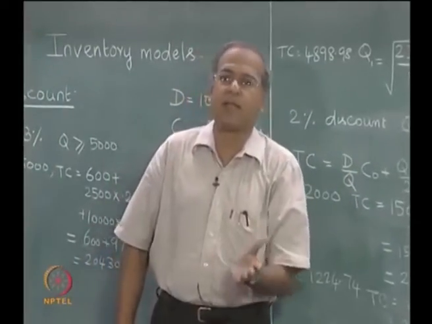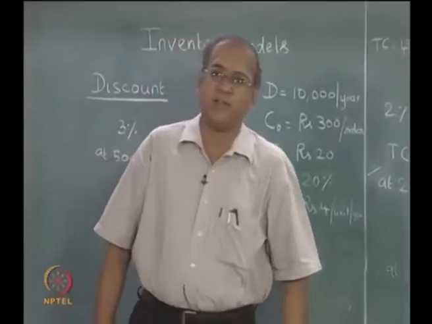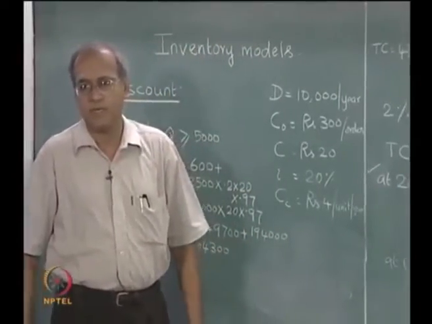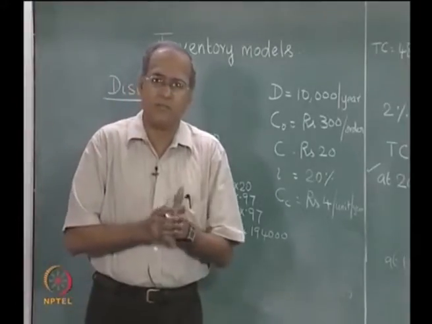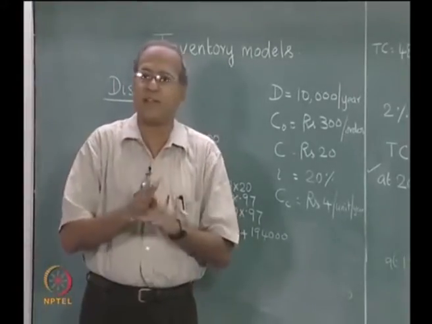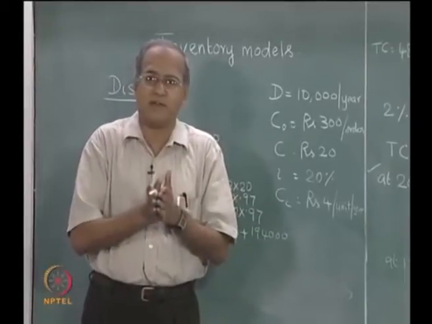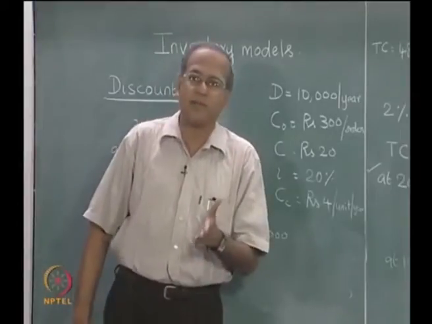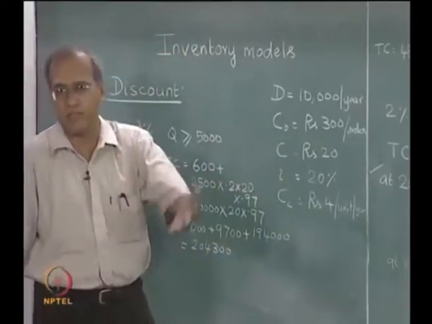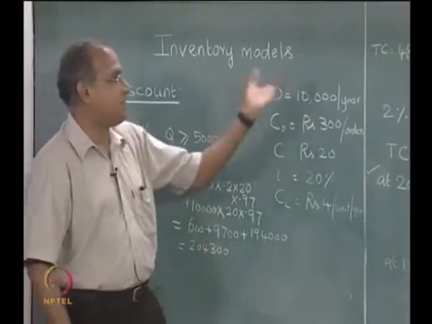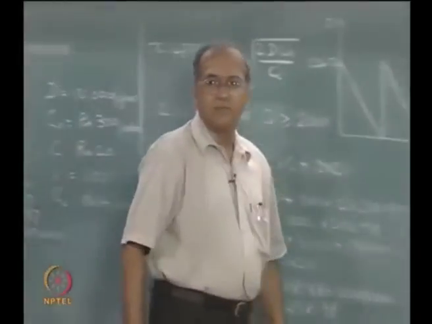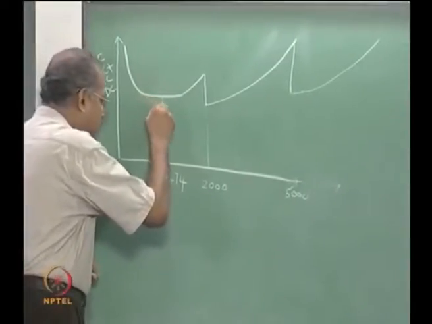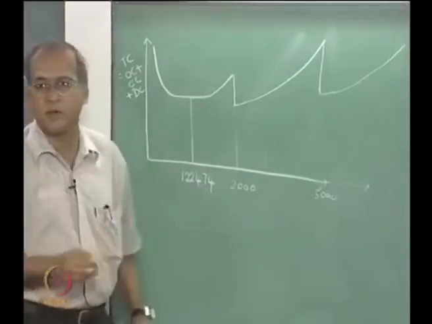If there is a price break after the economic order quantity, we will try and avail it at the price break point. It is generally customary that price break points are for quantities higher than the economic order quantity, but it so happens that there is a price break point before the EOQ. For example, there is a 0.5% discount at say 1000, which means it is going to come down here, it is going to go further down till it reaches the economic order quantity and proceed.